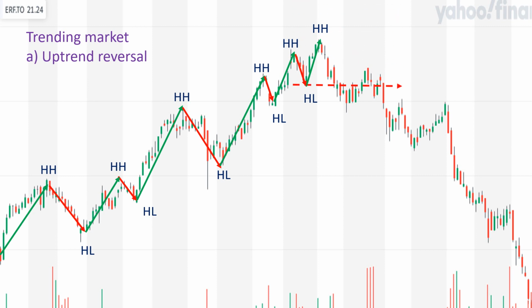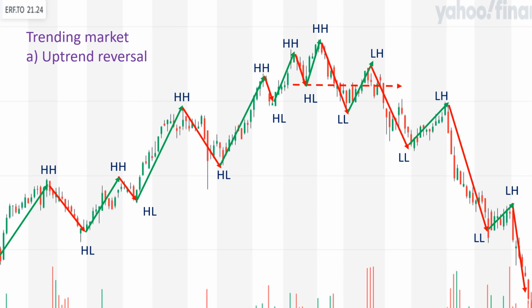Now take a look at the last higher swing high and also the pullback higher swing low. You see this pullback after this higher swing high is coming down, and instead of going upward to continue the uptrend, it continues going down and makes a lower swing low, and then the pullback makes a lower swing high, and afterward the trend makes a lower swing low and the pullback makes a lower swing high.